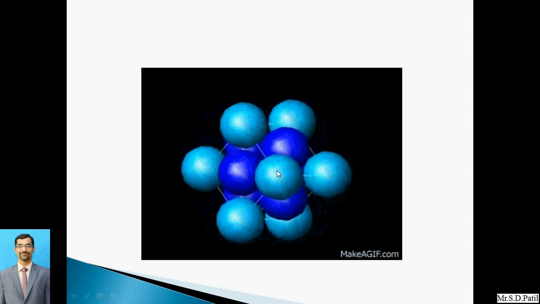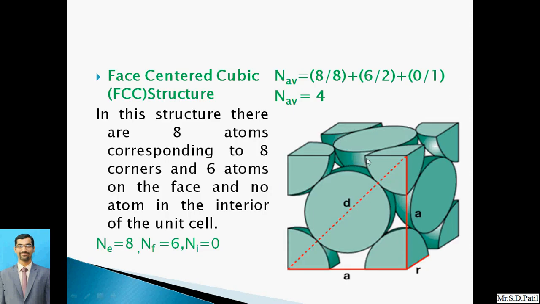This is 1, this is 2, the back side of this face is third, and the back of this one is fourth, the top face is 5, and the bottom is 6. So the total number of faces for any cube is 6.